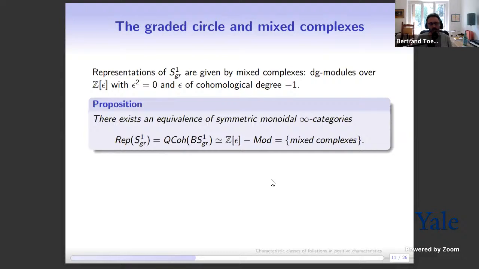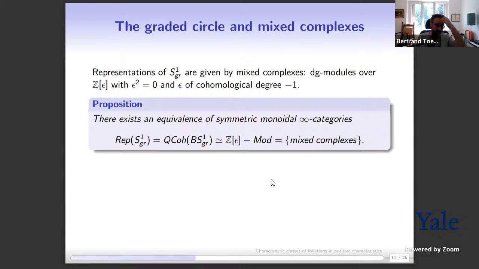So a quasi-coherent complex on BS1 gr is a quasi-coherent complex with an action of S1 gr. And on the other side, you have mixed complexes, with the usual tensor product of mixed complexes. Mixed complexes are by definition DG modules over this DG algebra, Z of epsilon, where epsilon is of degree -1.